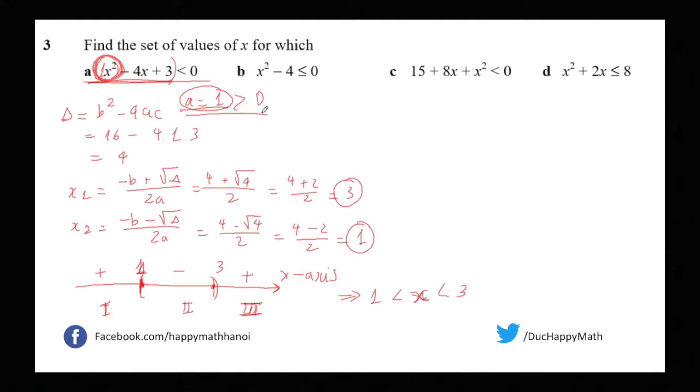So this one is greater than 0, positive, and this one is positive. And the middle interval from 1 to 3 will be negative. It has to change sign, different from the sign of the outside parts, less than 1 and greater than 3. Yeah, this one is not easy.